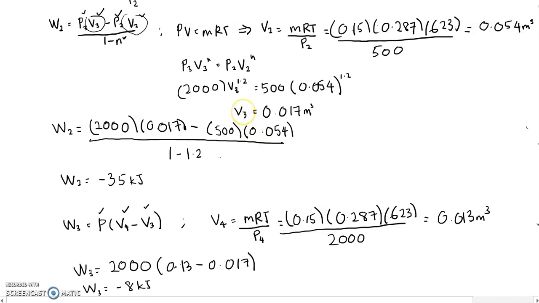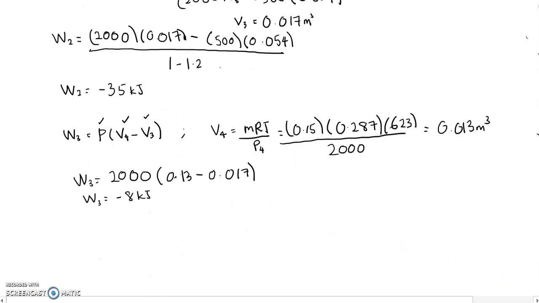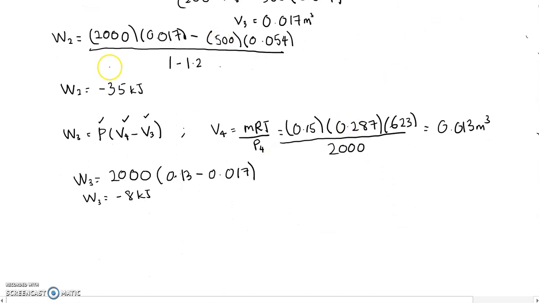Okay, sorry. So let's summarize. W1 is 37.18 kilojoule.